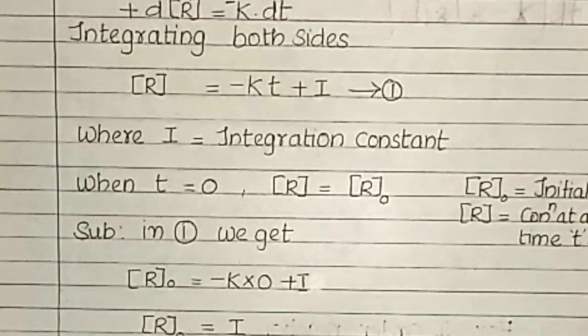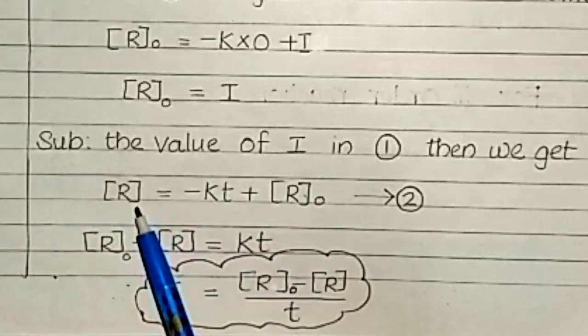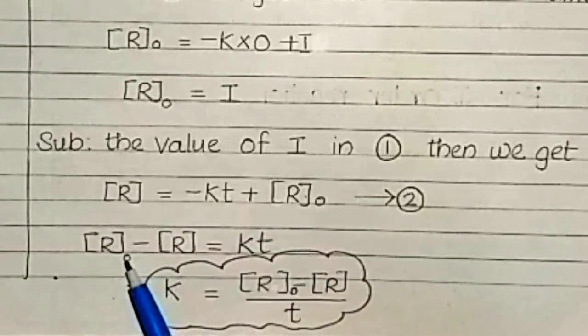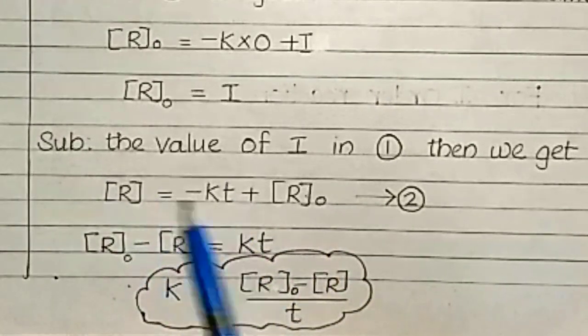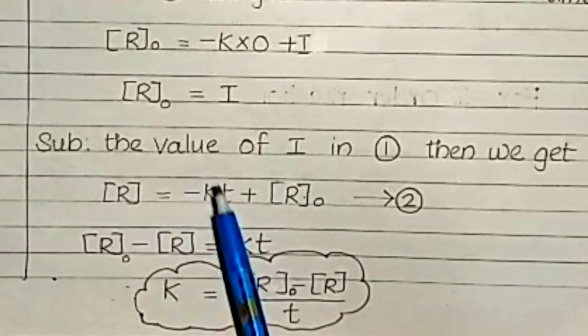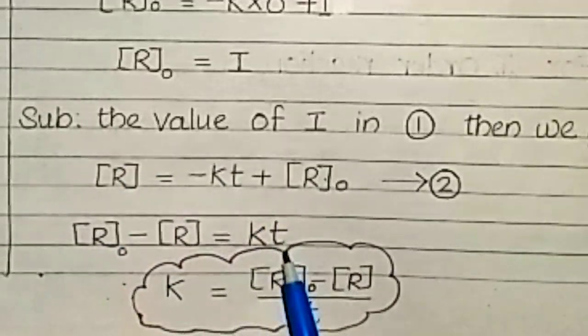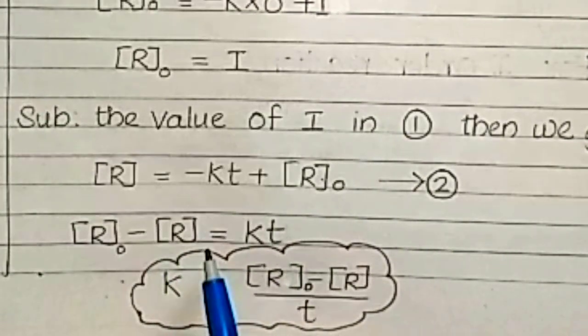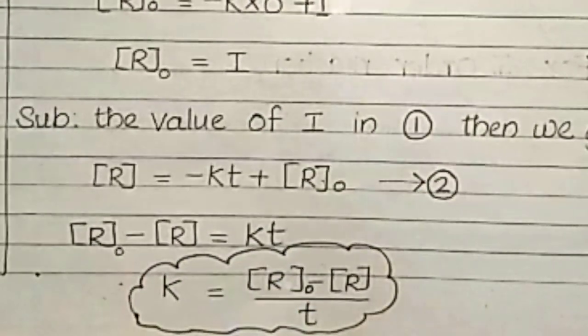So rearranging the equation, with the R terms, concentration of R and R0, taken together, we get concentration of R0 minus concentration of R is equal to plus Kt. R0 minus R is equal to Kt.